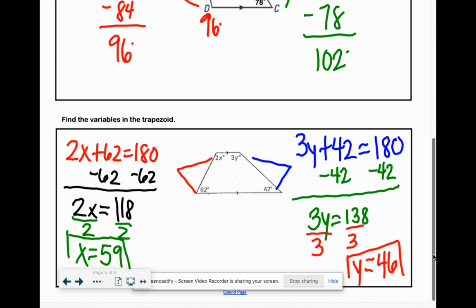Okay, in your homework packet, we're doing the purple sheet on trapezoids.